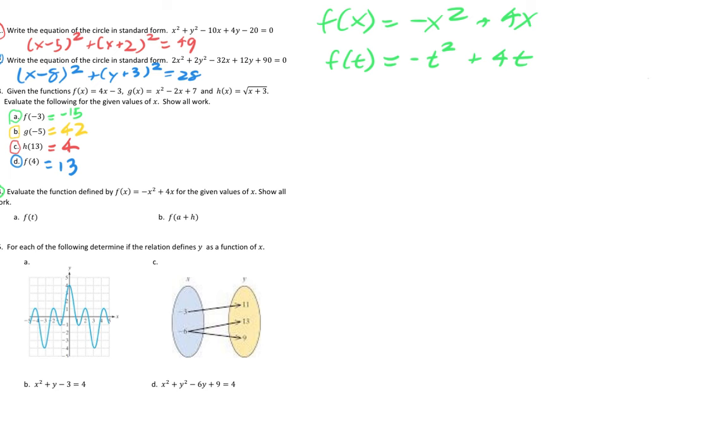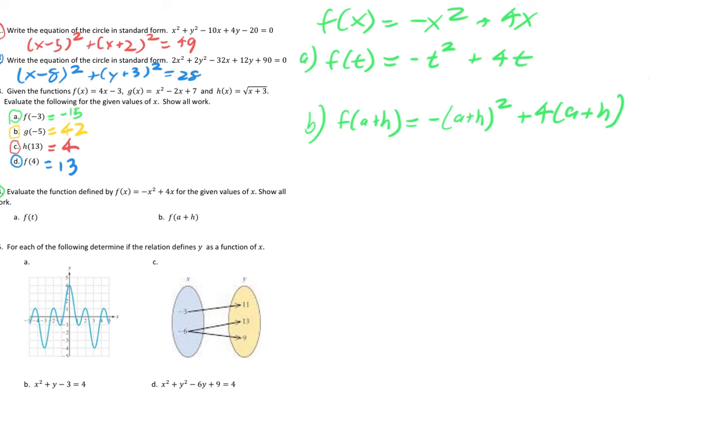And then now for the second part, this is part A right here. So this is part B. We want to find what f of a plus h is. So for this one, what we're going to do is anywhere we see an x, we're going to plug in a plus h. So negative a plus h squared plus 4 times a plus h.